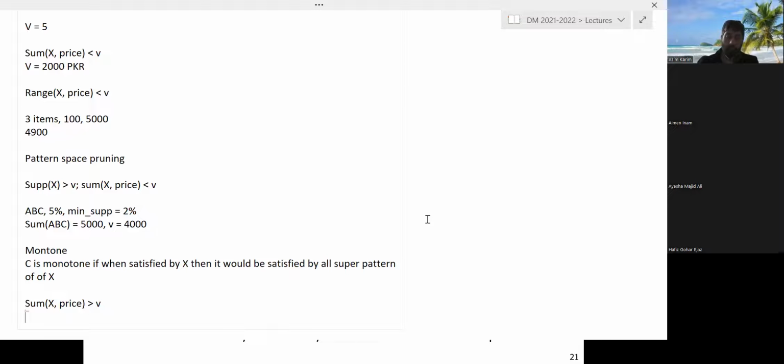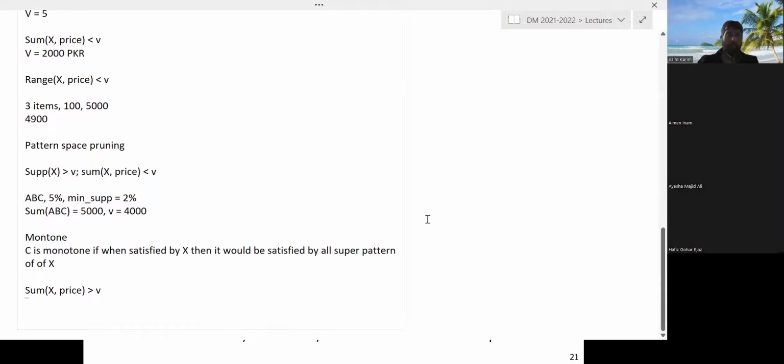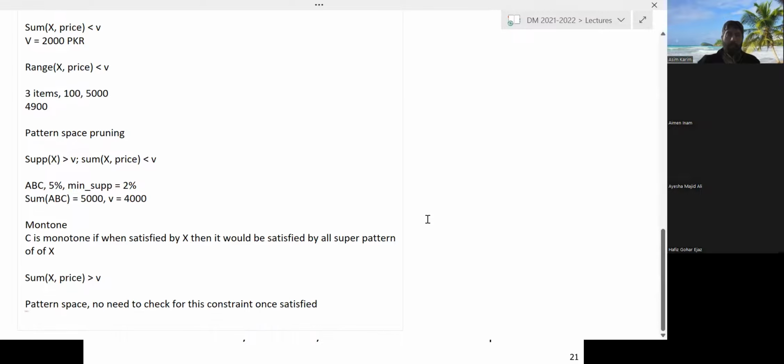So what is the advantage of this? Knowing this, the primary advantage is, again in the case of pattern space, no need to check for this constraint once satisfied. Okay?